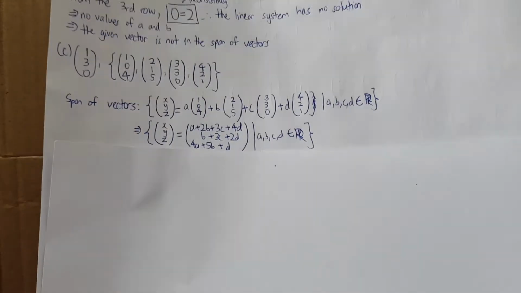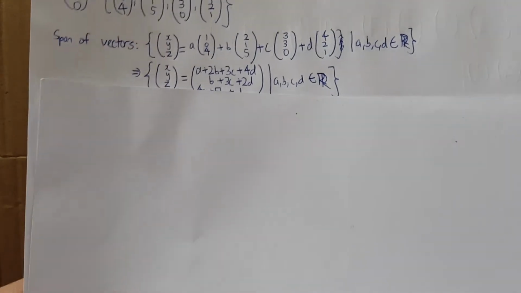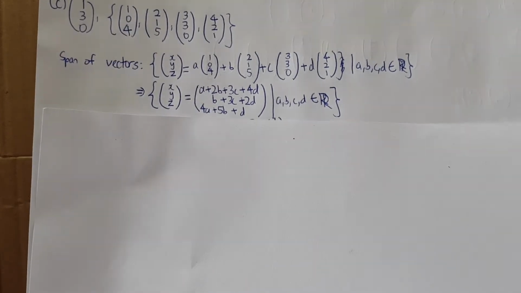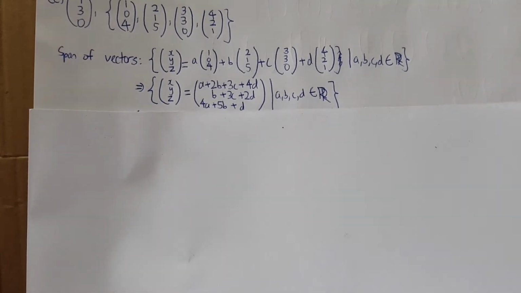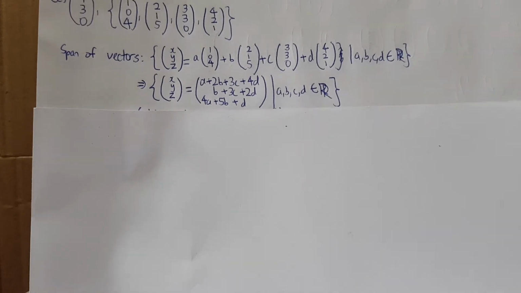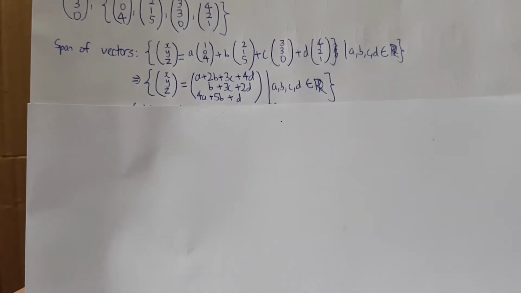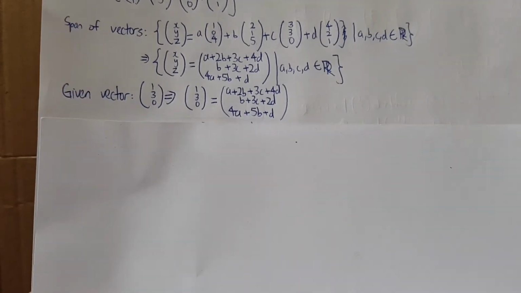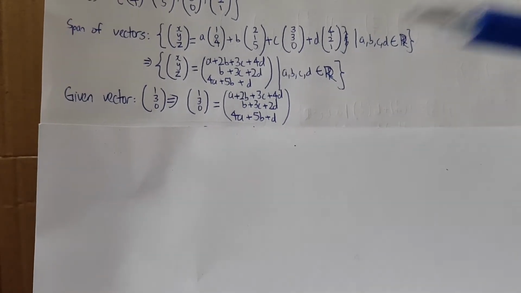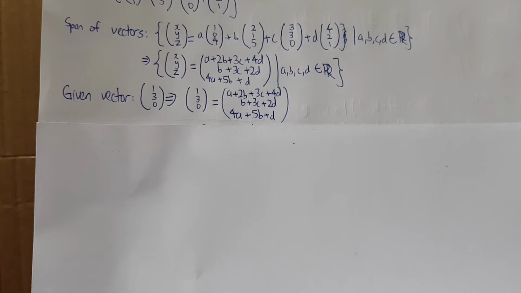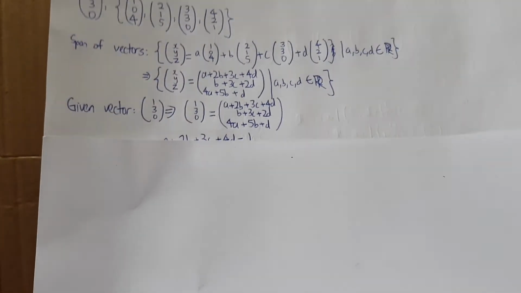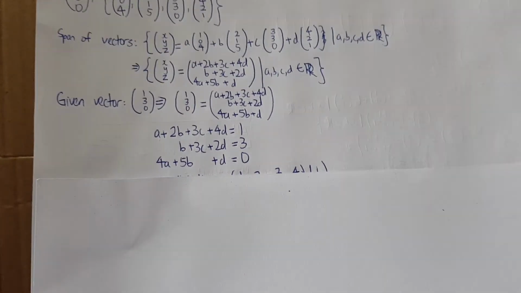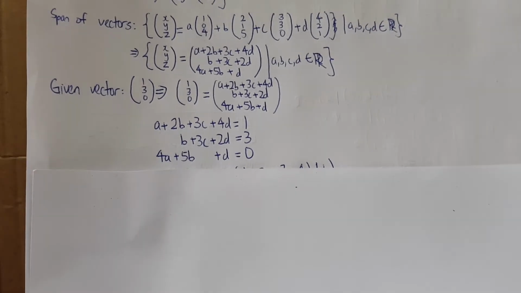And we expand it in this form again. Hence, we plug in our given vector again, and we make a system of linear equations from here. So this is our system of linear equations again.